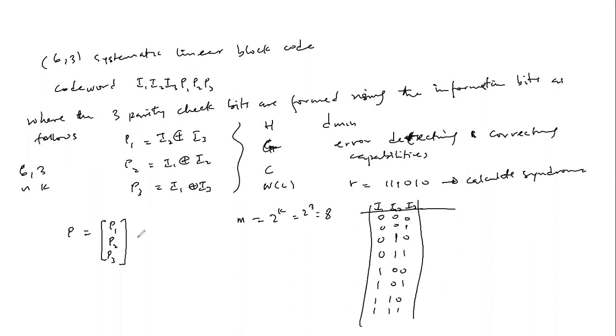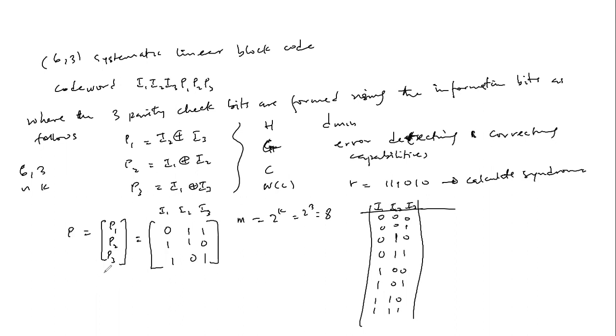Now to populate this, for P1, I2 and I3 are turned on. So if this is I1, I2, I3, it means I2, I3 are turned on for P1, so that is 0, 1, 1. For P2, I1 and I2 are turned on. For P3, I1 and I3 are turned on. So we have this.